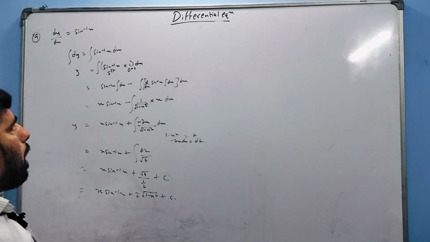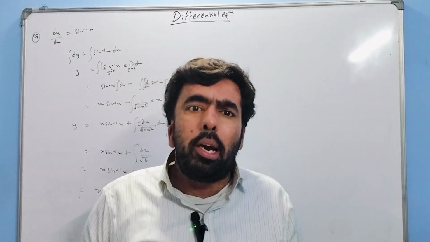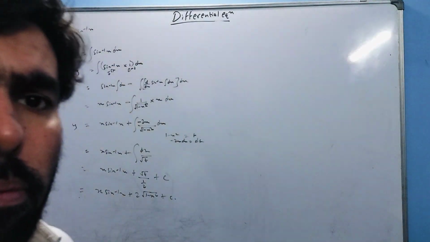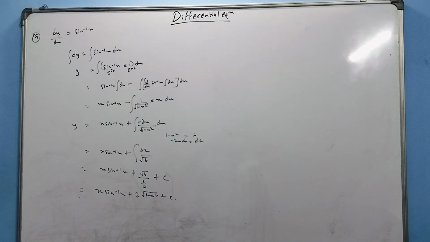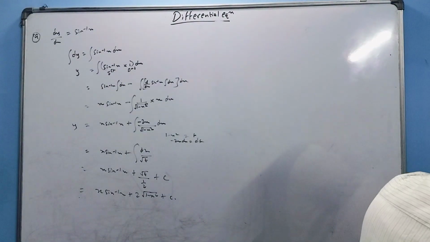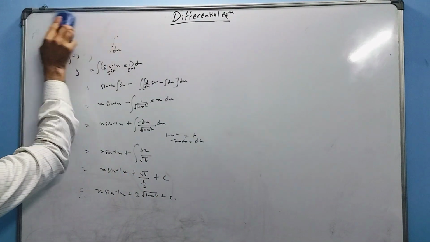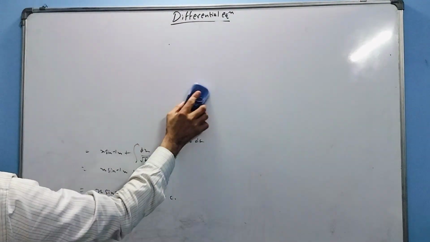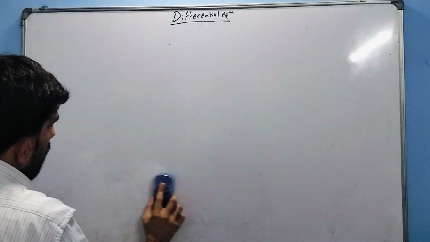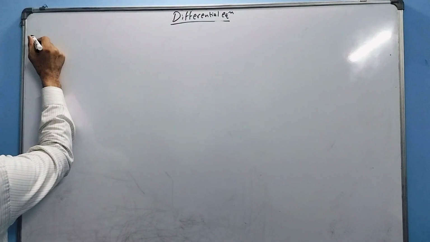So that is how we are able to find the general solution of the given differential equation. Now let us try to solve the 10th numerical. We have just solved 9 questions. Now we'll solve the 10th question from the exercise.